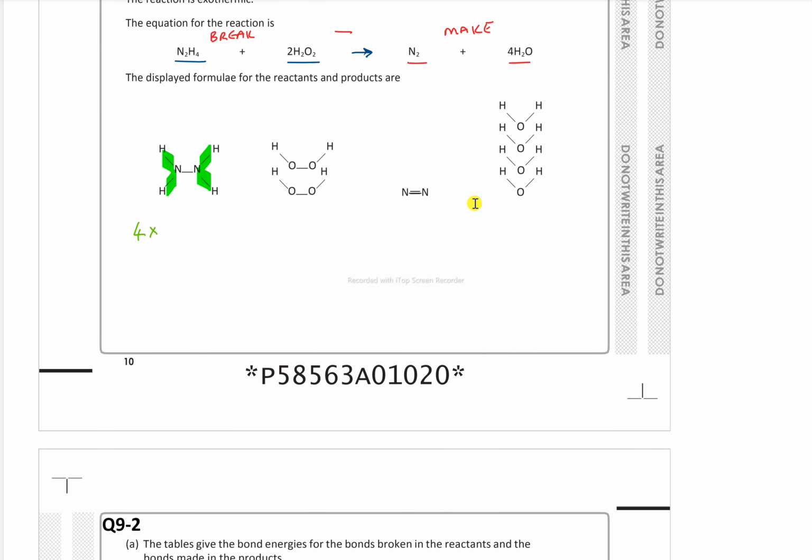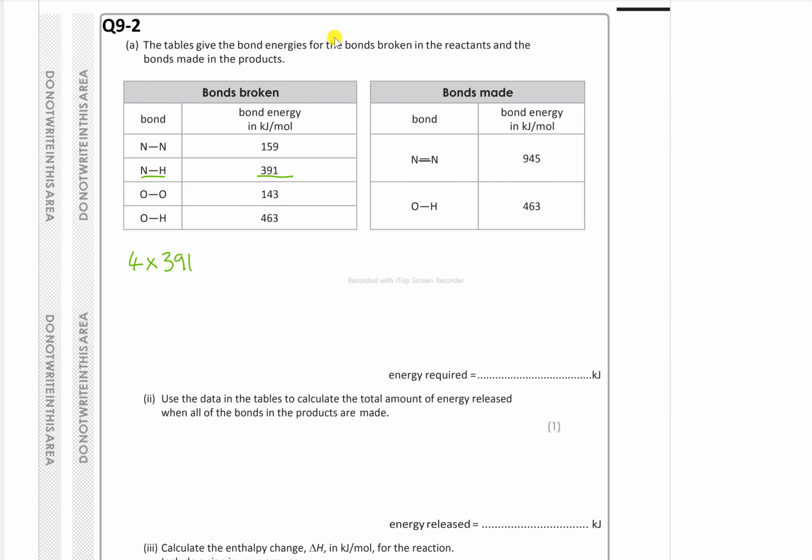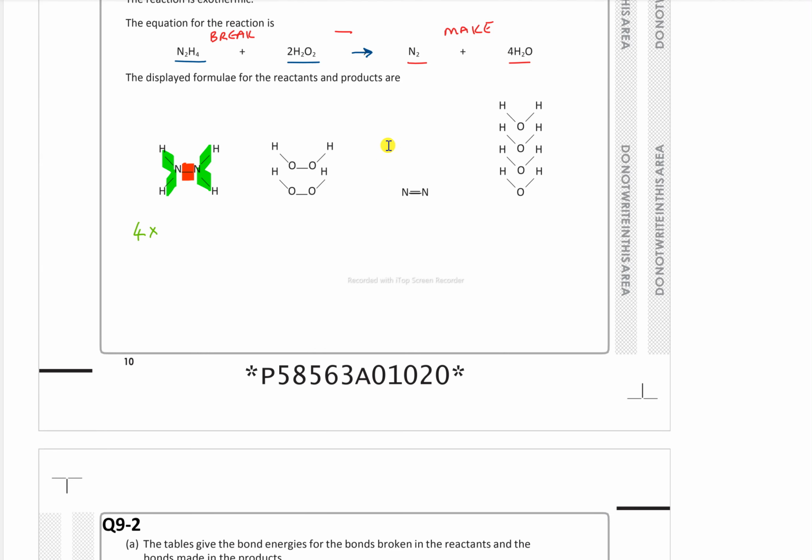Now go back up, and I'm going to look at this nitrogen to nitrogen bond. There's 1 nitrogen to nitrogen bond. So I've got 1 times nitrogen to nitrogen bond is 159. Right, that's that done.